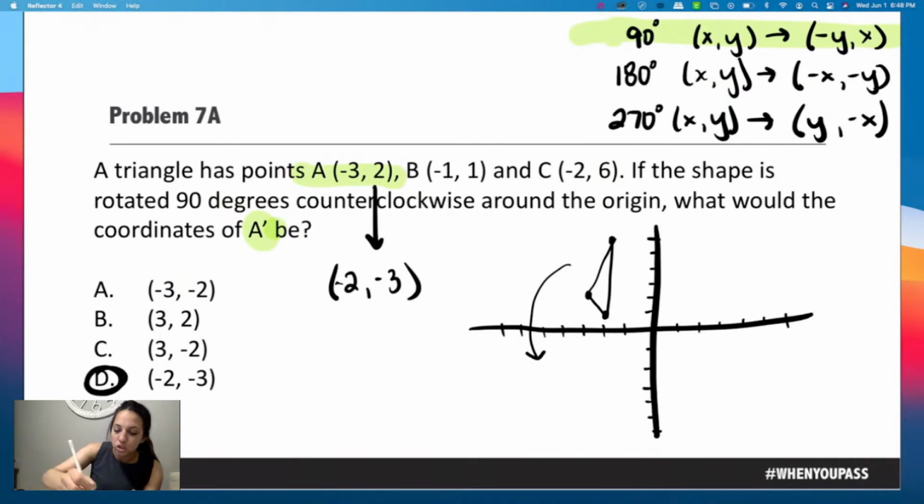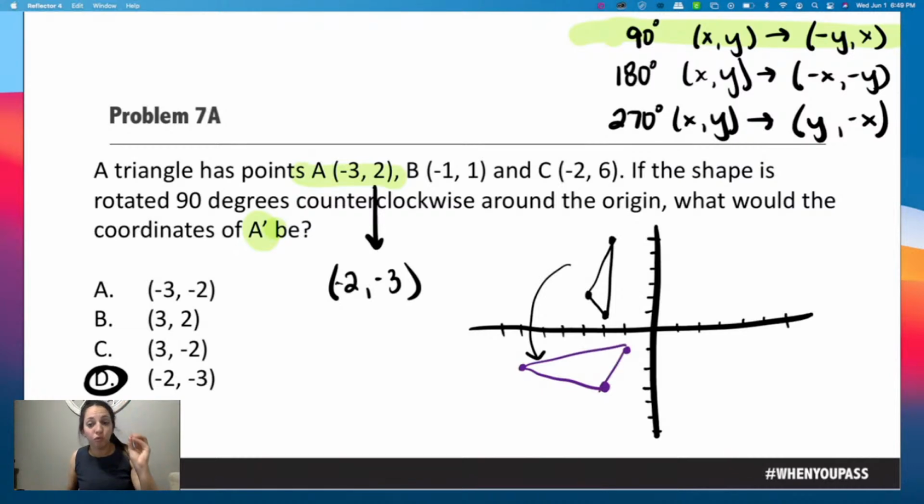So D. So I'm going to go ahead and plot that. -2, -3. And I'm going to do that for all of them. -1, -1. And -6, -2. So this is what my new shape would look like.